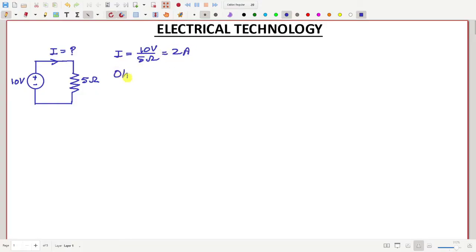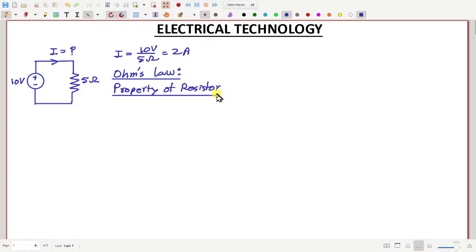This comes from Ohm's law, right? And what does Ohm's law talk about? It talks about the property of resistors. What is that property?